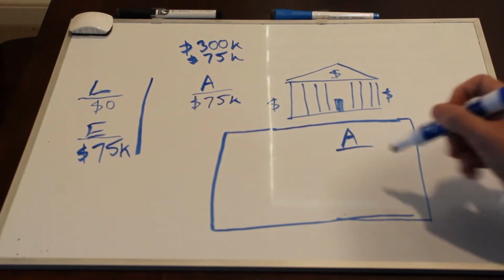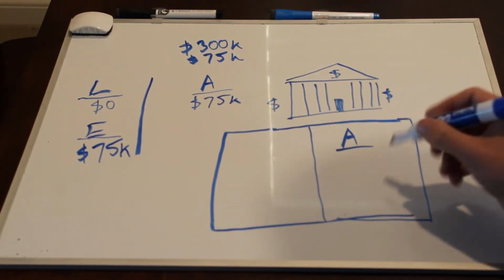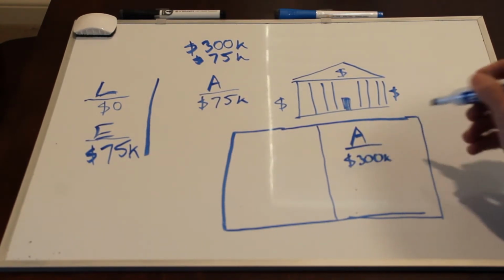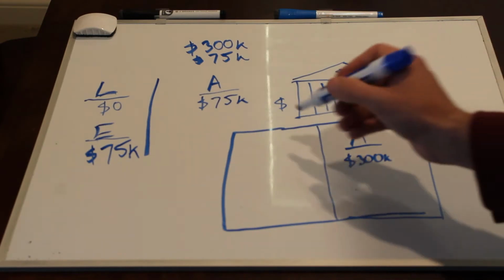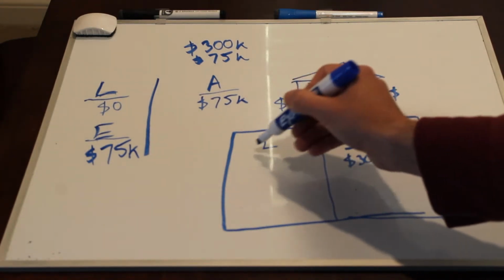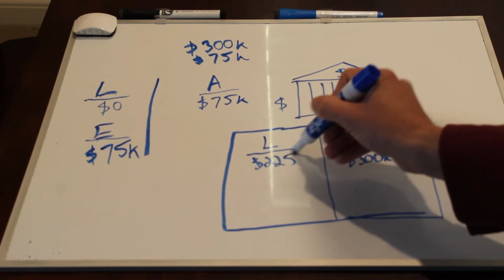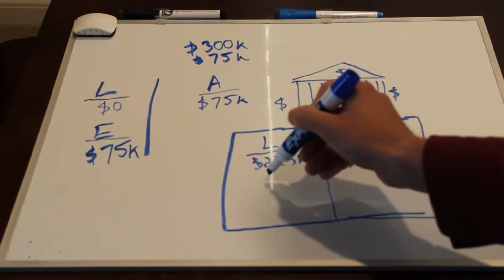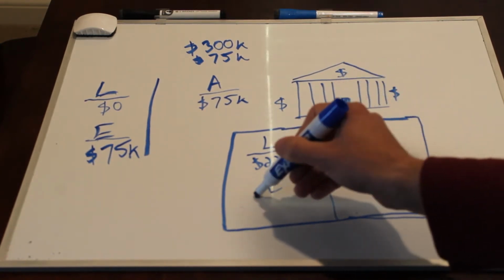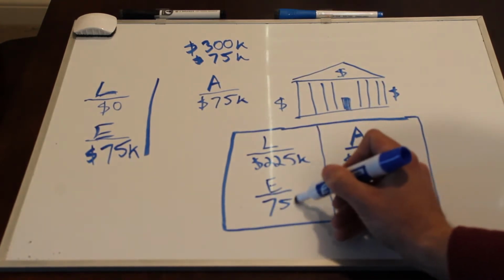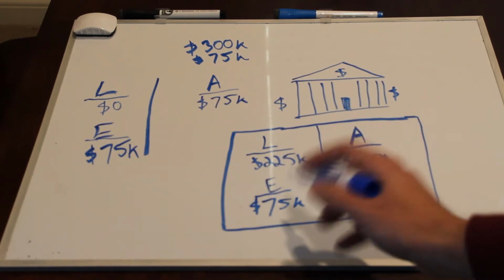Alright, so your assets now are $300,000 in cash. Your liabilities have gone up. Now it is $225,000, and your equity is going to be $75,000. So this number hasn't changed.